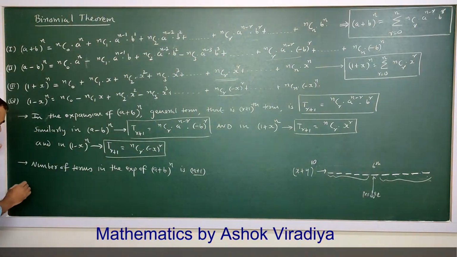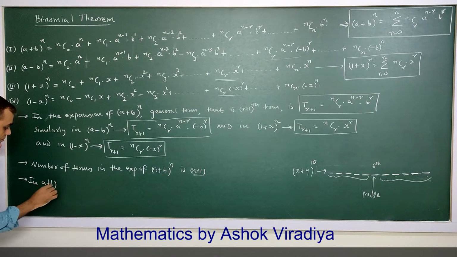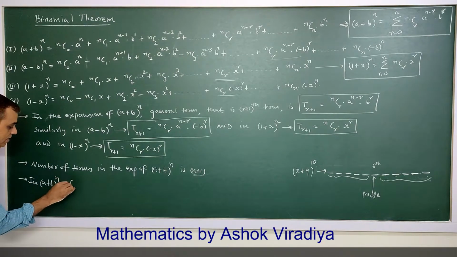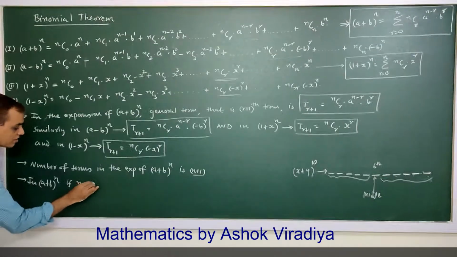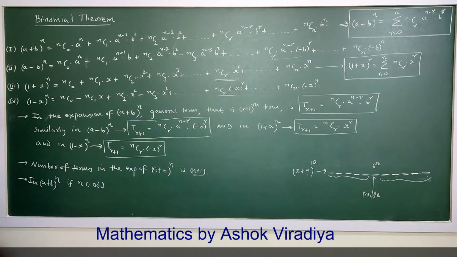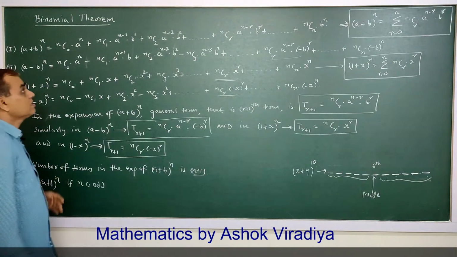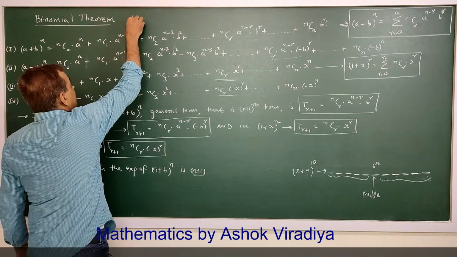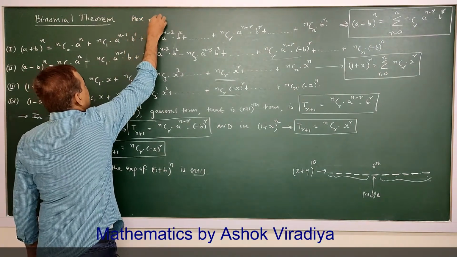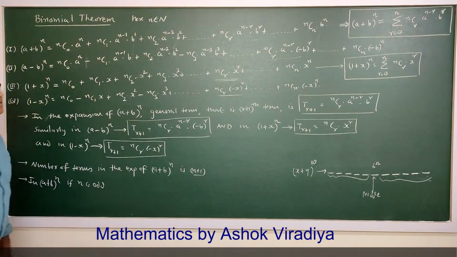So therefore, in (a + b) raised to n, say in this whole discussion n is a natural number. In every formula we are going to take n as a natural number.